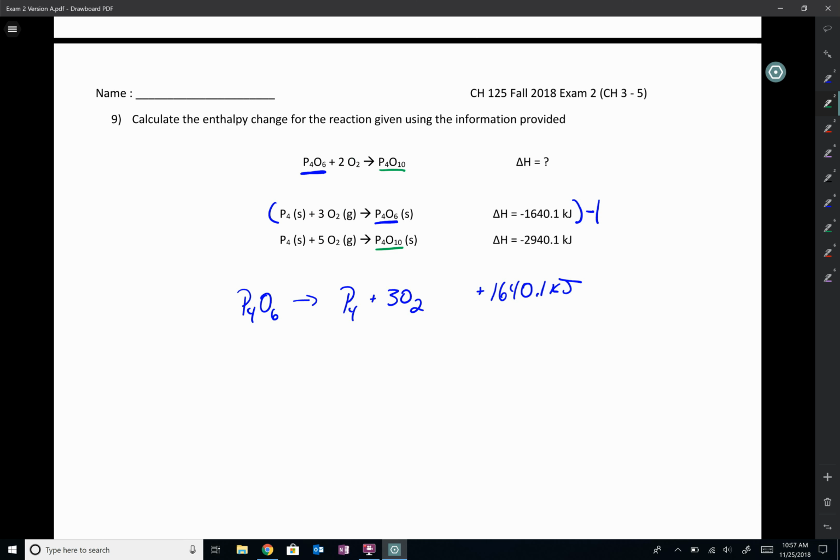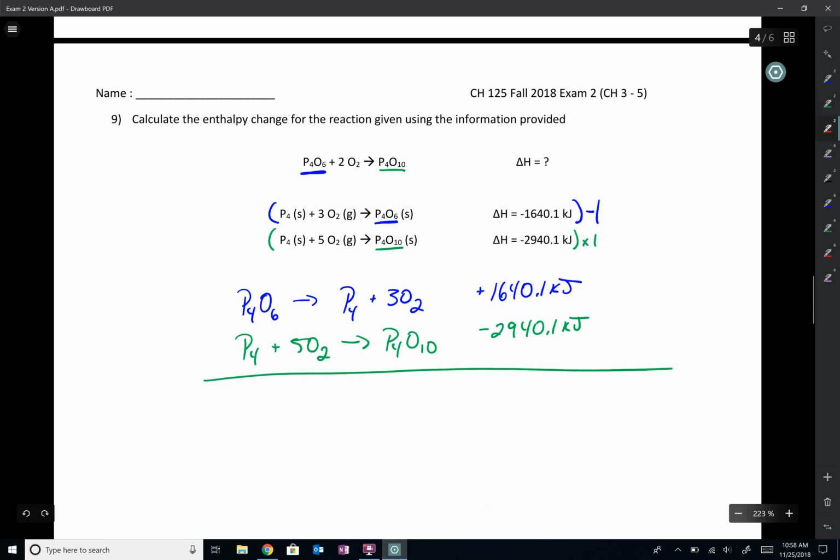P4O10 is on the right side of my arrow, and it's on the right side of my arrow here, so I'm going to assume that I don't have to do anything to my equation in green there. So I just bring it down directly. (2940.1 kilojoules). Okay. I mean, you can think of this as multiplying it by 1, right? We're bringing the exact same thing down.